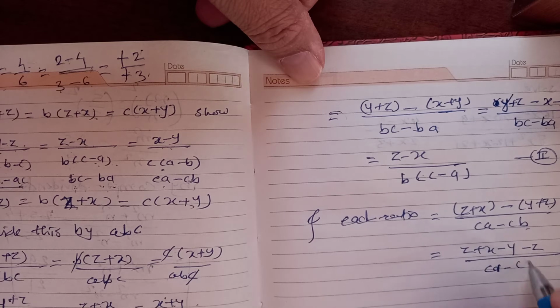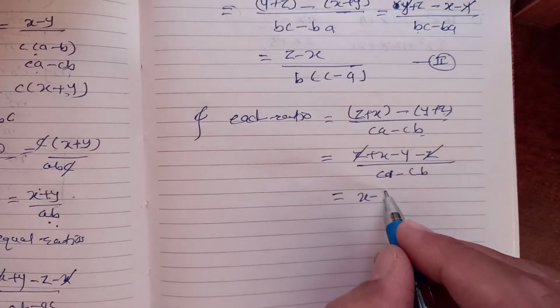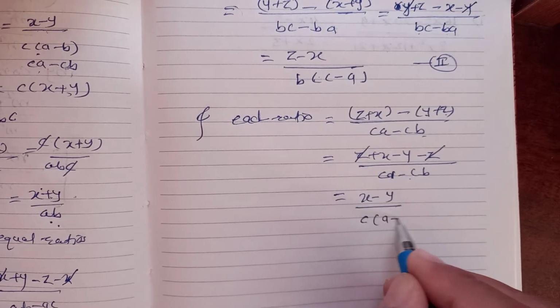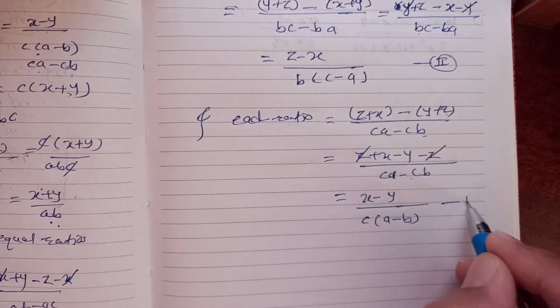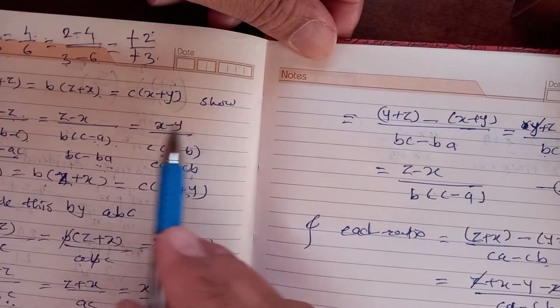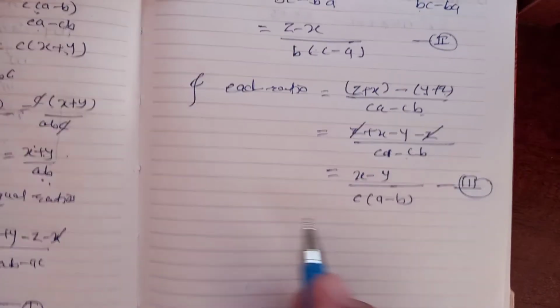CA minus CB. Here what is cancelled? Plus Z minus Z. Here X minus Y remains, upon C common, C into A minus B. This is third. Which value did we find? X minus Y upon C into A minus B.